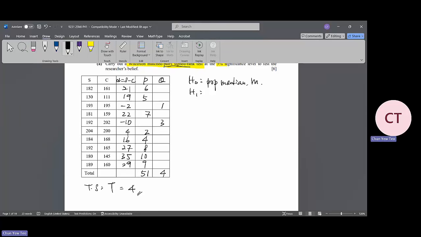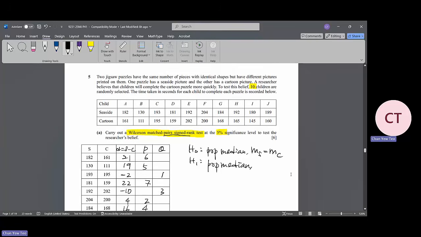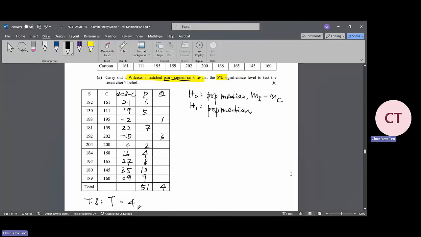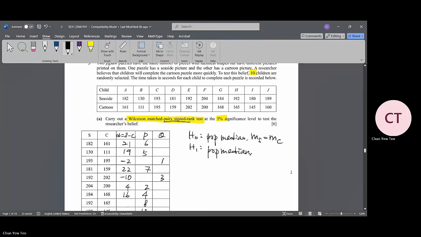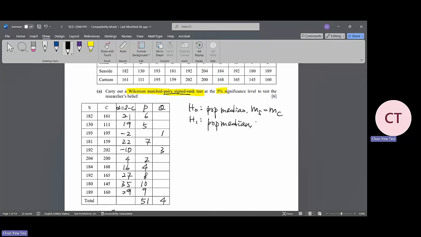So S represents the seaside picture, and MC refers to the cartoon picture, versus the population median. About the researcher's belief, the researcher believes that the children can complete the cartoon puzzle faster. So that means the median time for seaside will take a longer time to complete.